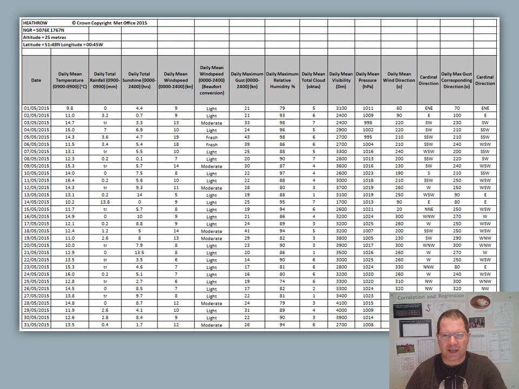So finally, let's have a look at some ways that you might be expected to use this data or talk about the data. Most of the data is quantitative, which means that you could calculate things like the mean, the standard deviation, the variance, the quartiles, the interquartile range, and so on. The discrete uniform distribution could be used for your cloud cover. As I say, that goes from 0 to 8 in discrete eighths.